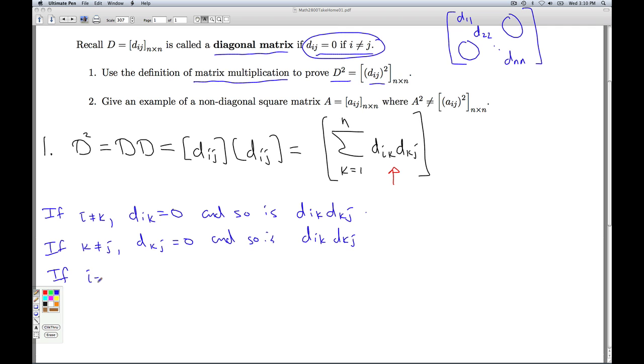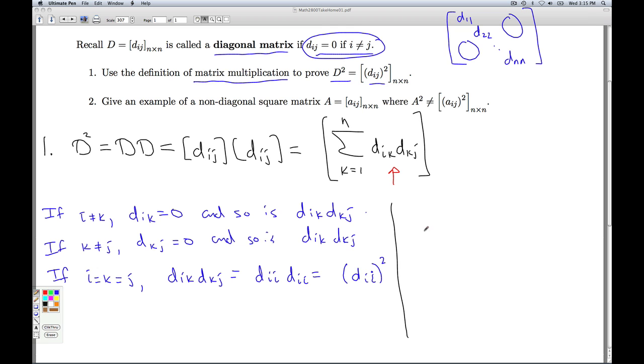So if i equals k equals j, then d_ik d_kj, well, i, j, and k are all the same. That's then d_ii times d_ii, which is d_ii squared. So that's the three different cases here for what these terms are going to look like.